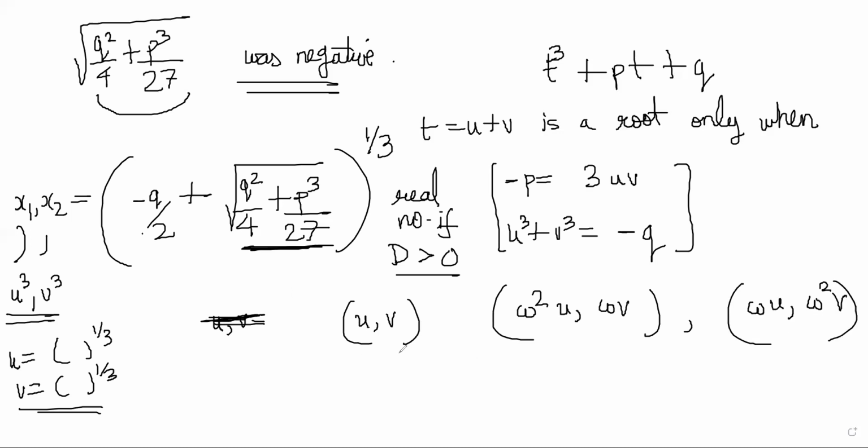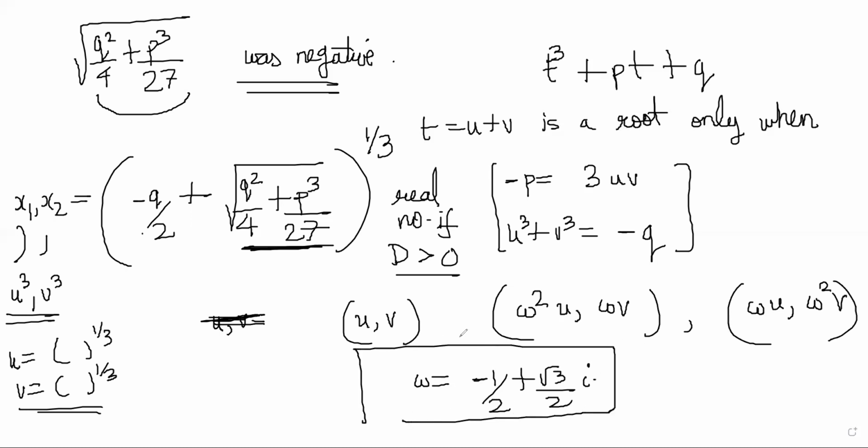These are the three complex roots, where omega is a cube root of unity, which is minus half plus root 3 by 2 i. This part, that these three roots are complicated complex numbers, will be clear to you only if you know how to take the cube root of a complex number.